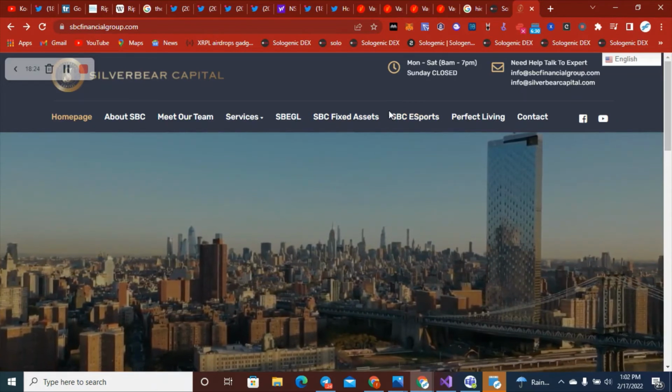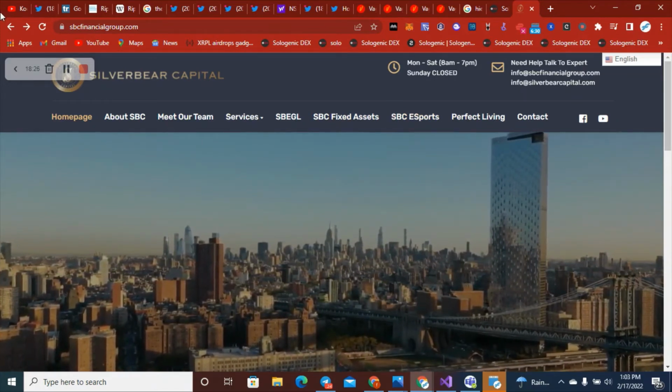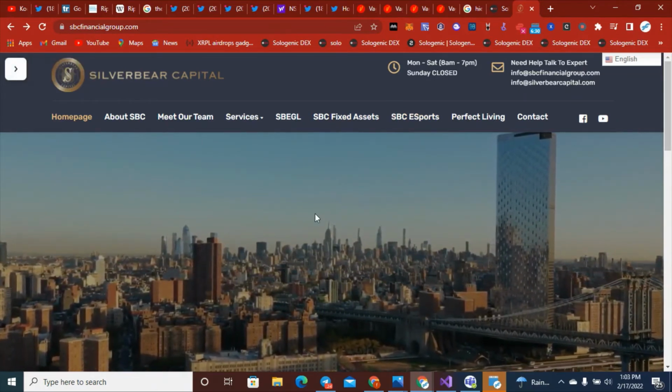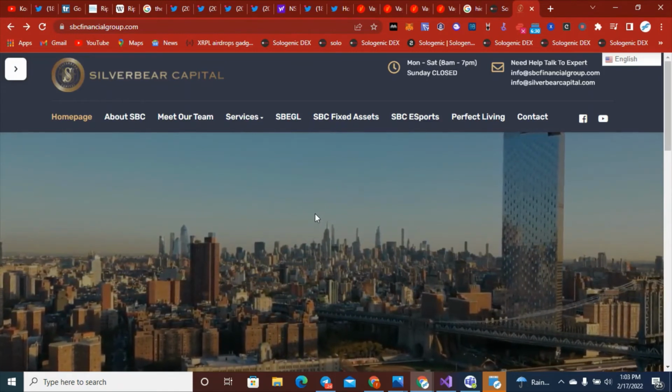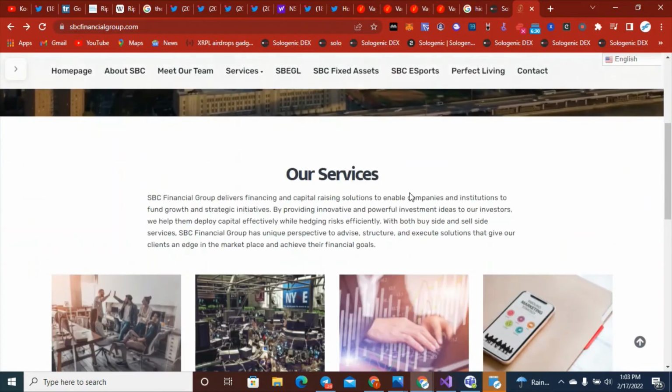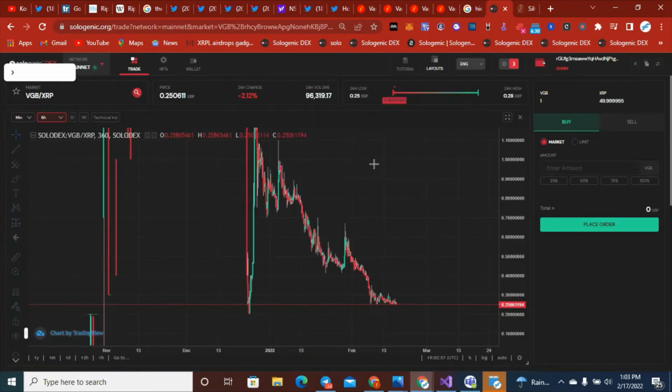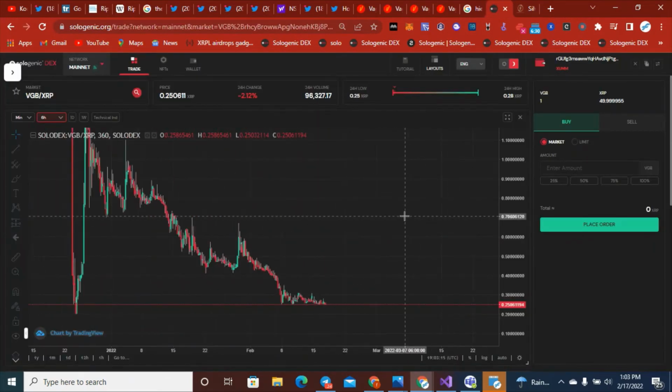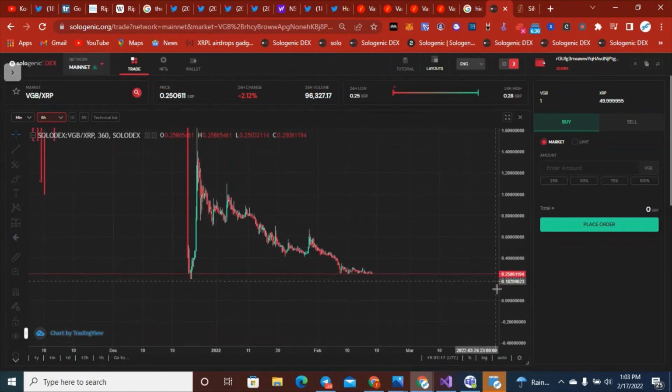So we're going to see further development with esports and NFTs and certain things like that that come in this world, and Vagabond is setting up their partners and partnerships to facilitate all that on the back end. So let's look at their chart real quick before we get up out of here. Vagabond has been taking a dip.